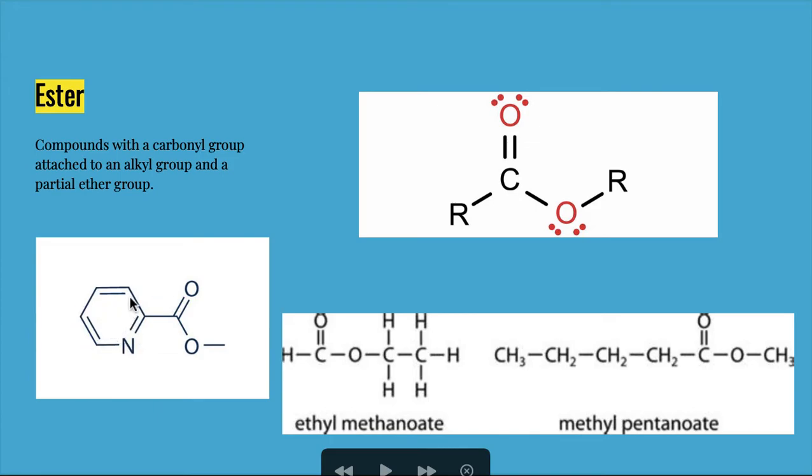But there's a ring structure over here, so that would be the R group. And here's some more examples of an ester. So there's ethyl methanoate over here, and again the carbonyl group, R group, and R group.